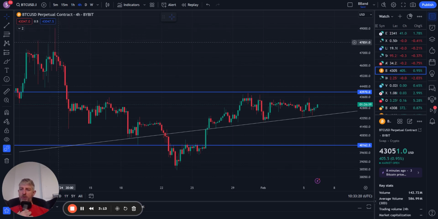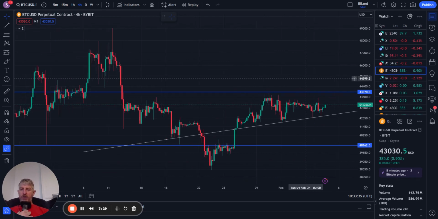So you can see a pullback from the current high, current low, and upside since then. Upside with a very obvious horizontal segment. And it kind of fits quite well.